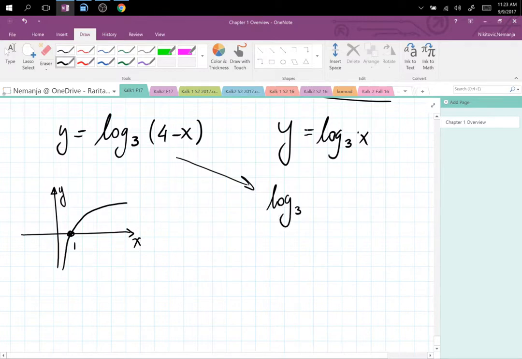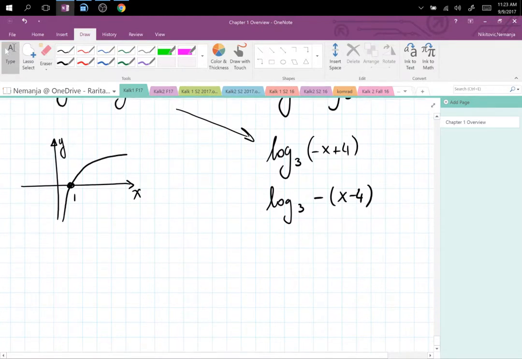Log, we have negative x plus 4, and then we factor out the negative, we get x minus 4, which means that the function is shifted where? To the right side. So we again have a vertical asymptote. Vertical asymptote will go 4 units.